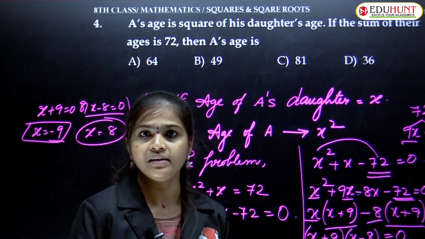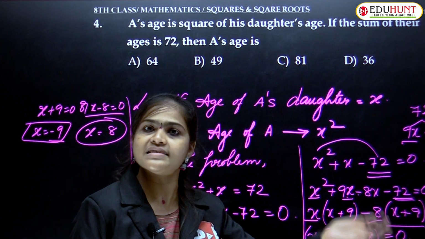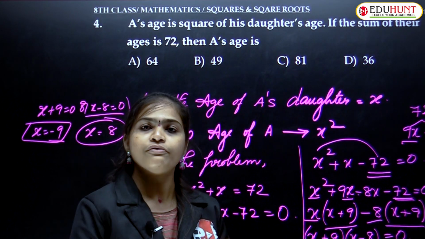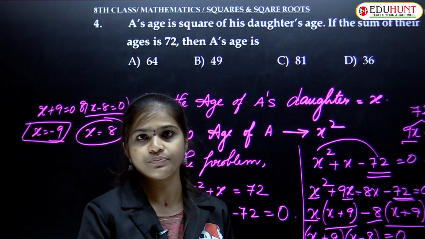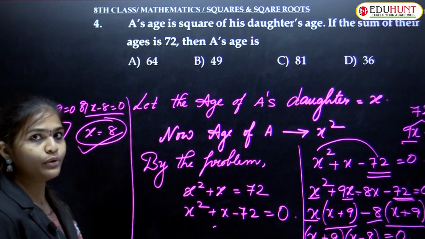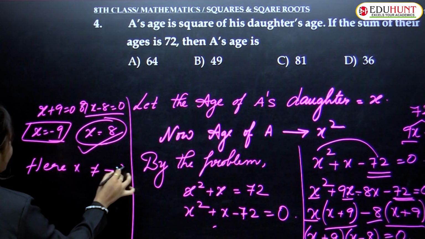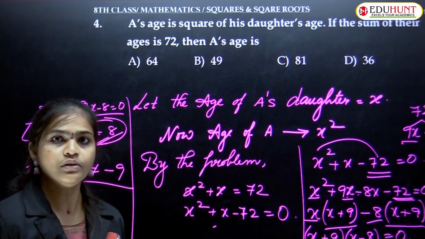Can anyone say our age is minus 10 years, minus 11 years, minus 12 years? No. For ages, distance, time, we should always use positive. That's why we go for x is equal to 8, so x is not equal to minus 9. So x is equal to 8.